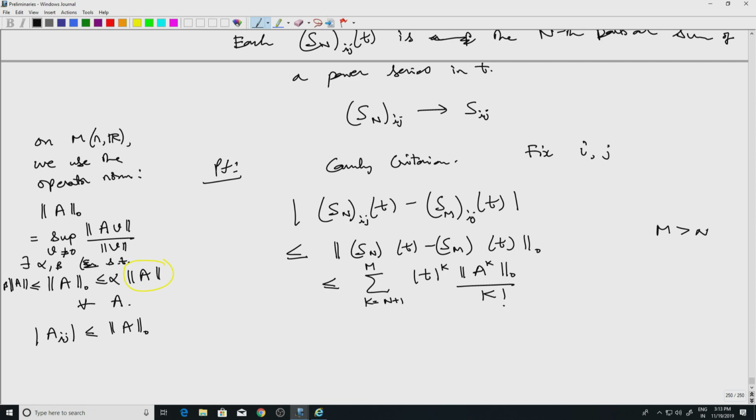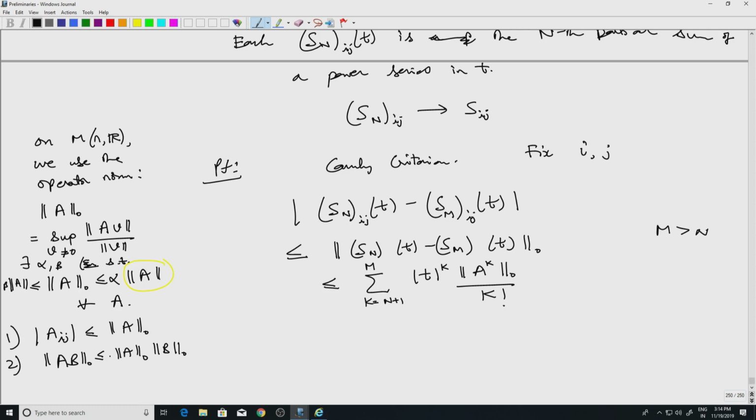Now here is where this operator norm comes into play. This operator norm has the nice property that norm of AB is less than or equal to norm A times norm B. That follows immediately from the definition here, and while the Euclidean norm doesn't quite have this property, a constant will appear on the right hand side, which is not a big problem for our purposes, but this simplifies calculations.